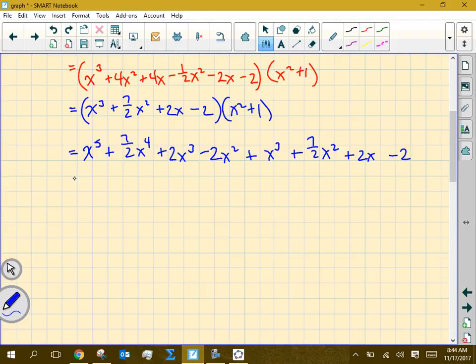Combining like terms here, x to the fifth plus 7/2 x to the fourth. We've got 2x cubed here and x cubed there, so that's 3x cubed. Negative 2x squared plus 7/2 x squared, so that's 3/2 x squared.